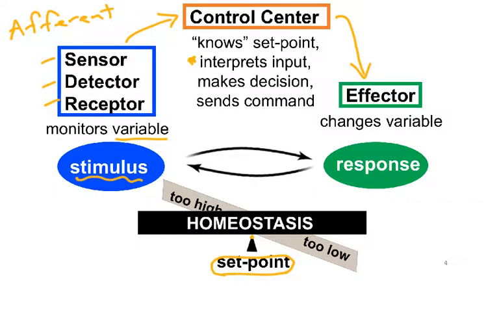The efferent pathway includes the effector, what's going to effect a change, as well as whatever is carrying the signal.